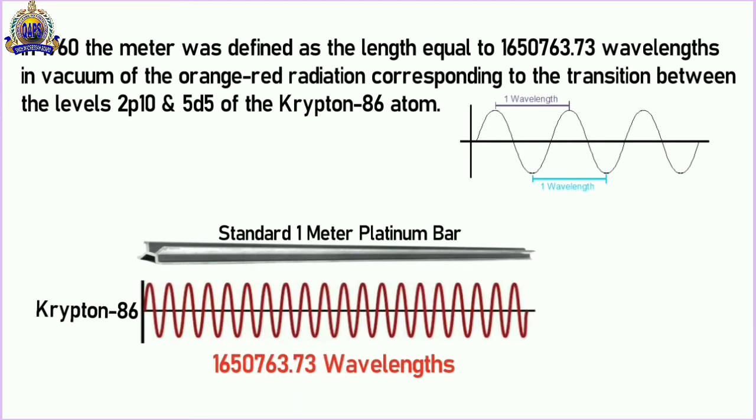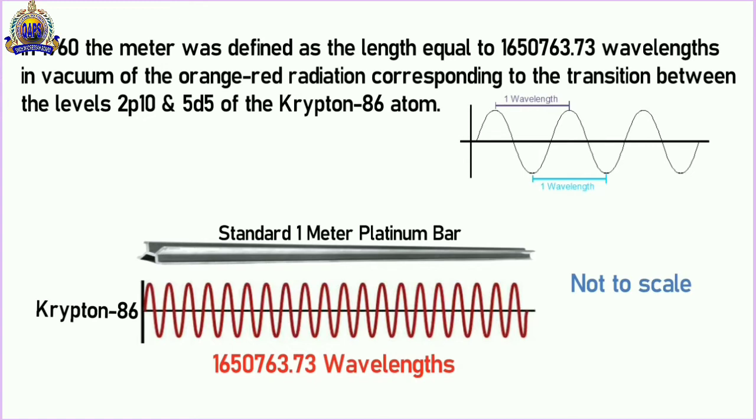This number of wavelengths, 1650763.73, was kept as the standard, and this distance is called 1 meter, measured through the platinum bar.